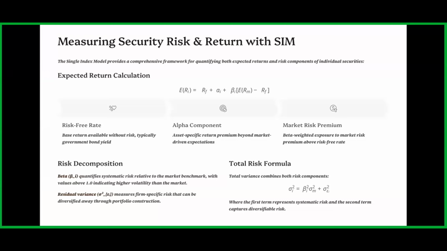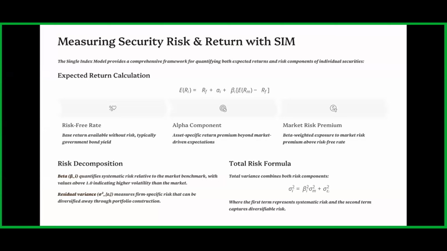That CAPM model is the advanced version of the single index model. In the expected return calculation, the formula given is the expected return RI.